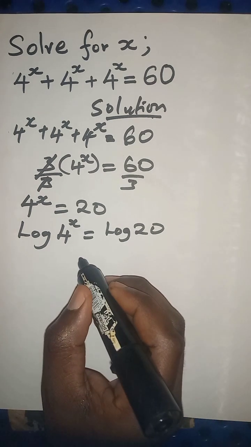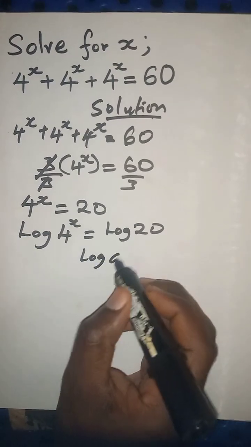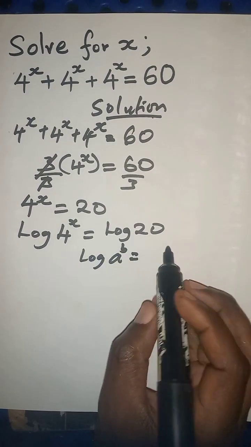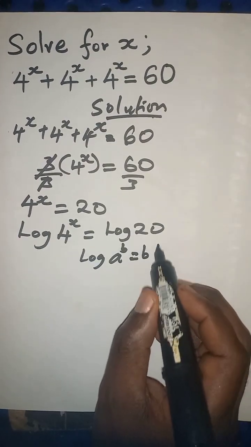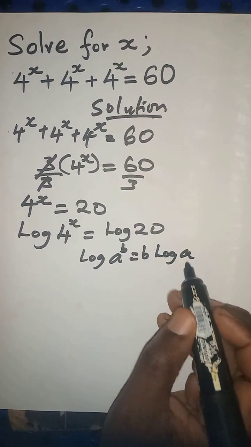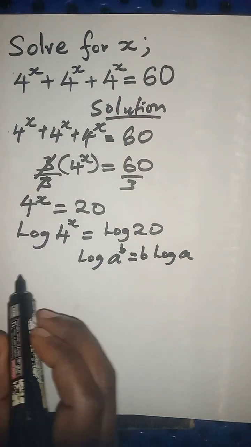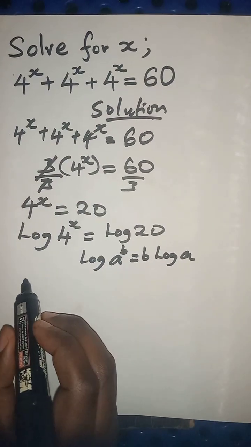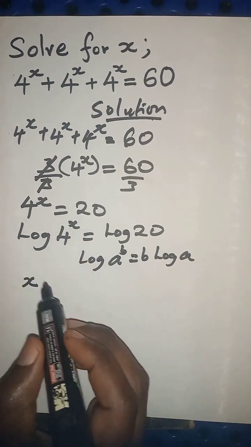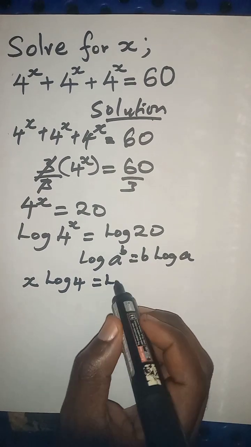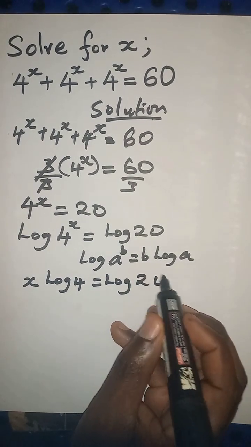If you have the log of a raised to b, then this is simplified as b times the log of a, meaning the power just comes beside it. Applying that, I'm going to have x times the log of 4 is equal to the log of 20.